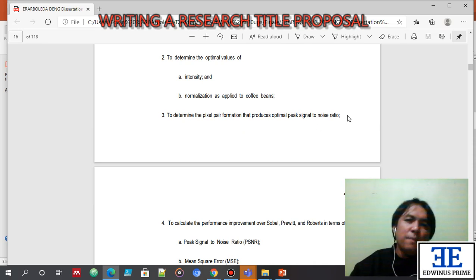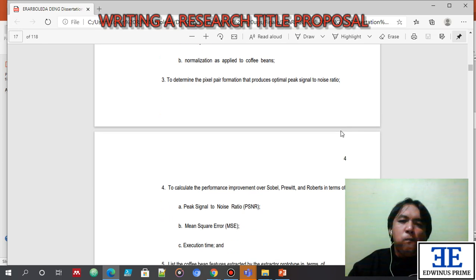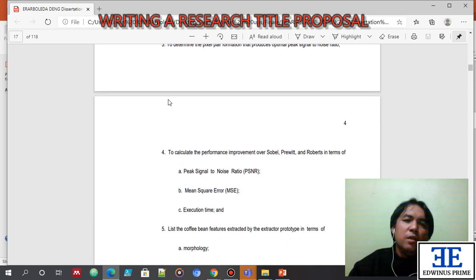That's another objective. Another objective has something to do with the evaluation. I compare the output of my algorithm to the previous algorithm in terms of different factors. So that is another specific objective.